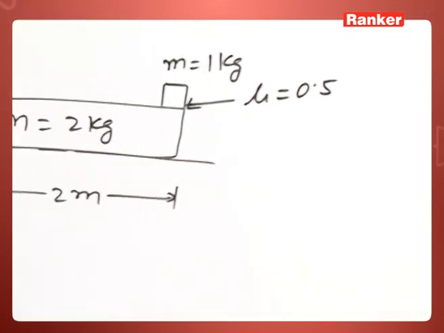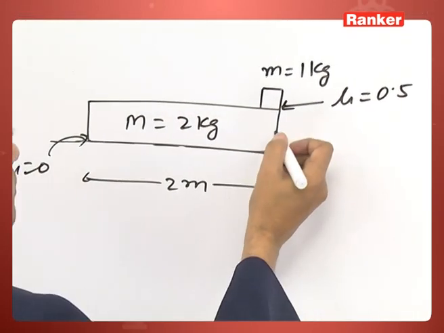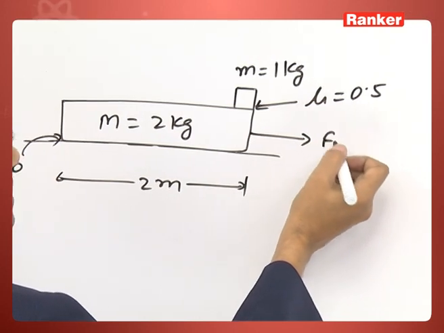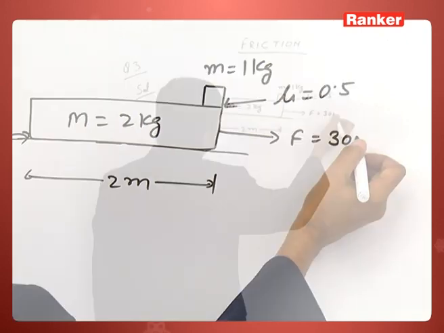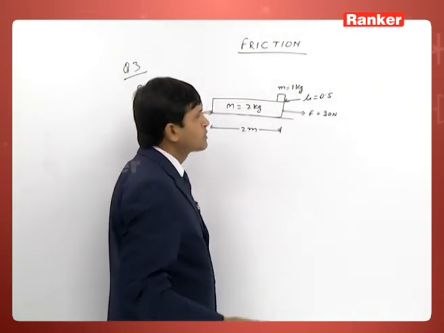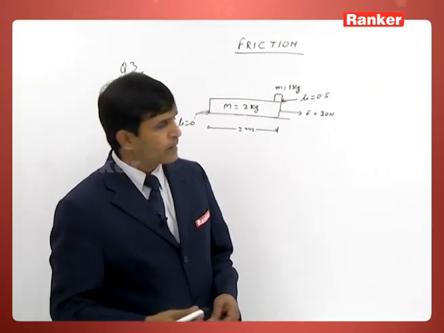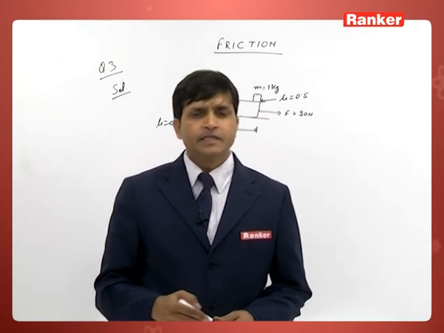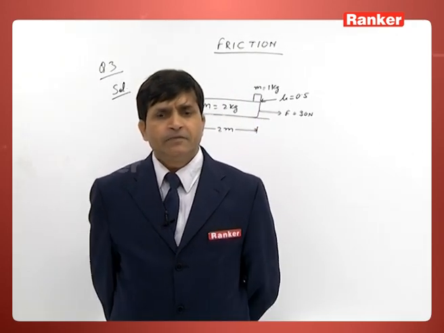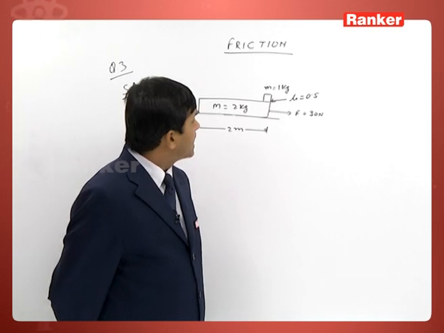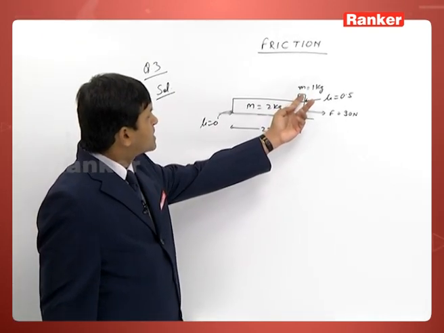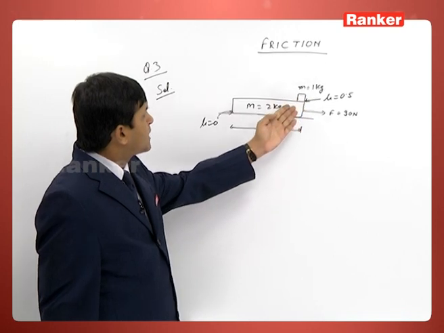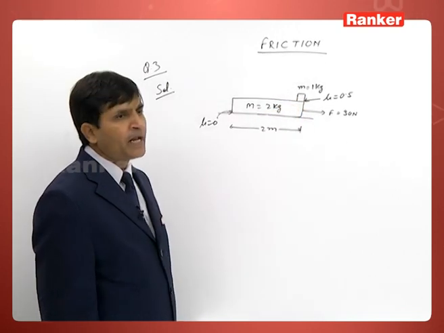Now, the question is that a constant force F is applied, constant force F equal to 30 Newton. If we are applying F equal to 30 Newton, then we have to find the time in which this mass or this block will separate from the plank.